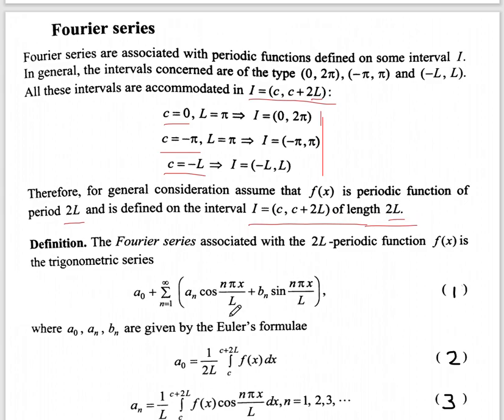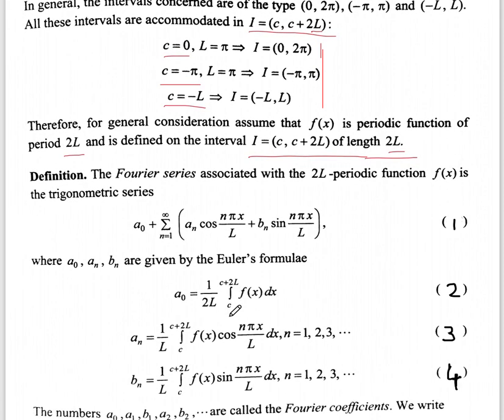Now we will see the proper definition of the Fourier series. The Fourier series associated with a 2L periodic function f of x is the trigonometric series which contains sin and cos terms.